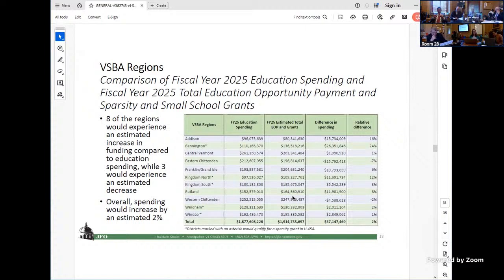So when we're looking at the difference, if you have one region that is consistently a high spending region versus another region that is consistently a low spending region, you may see one region with a decrease and one with an increase when they may be receiving the same amount of funding.